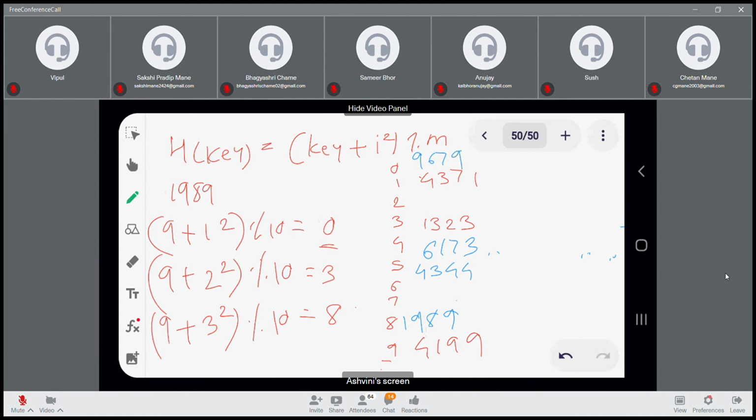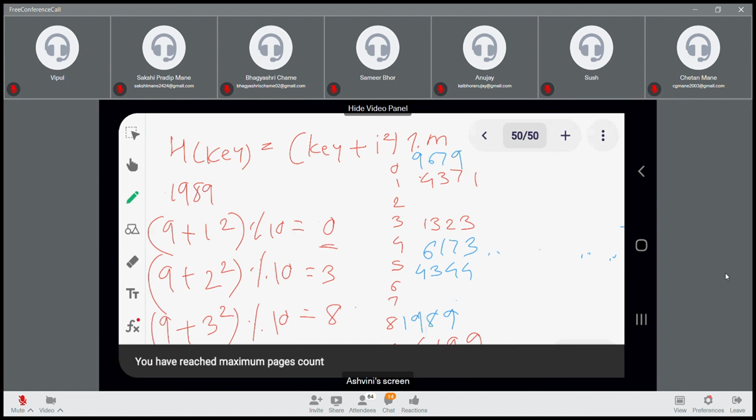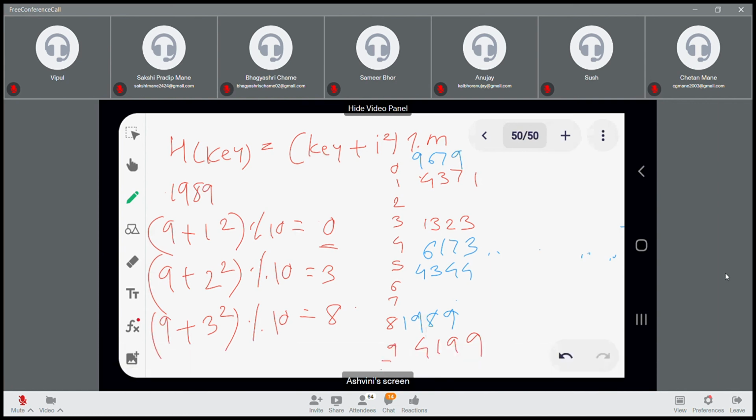Okay. So let's go ahead now. Now the next third bit in the same problem statement is, I need to change the slide now.